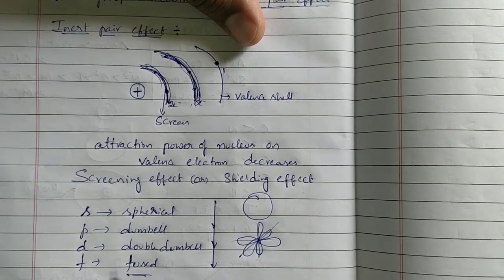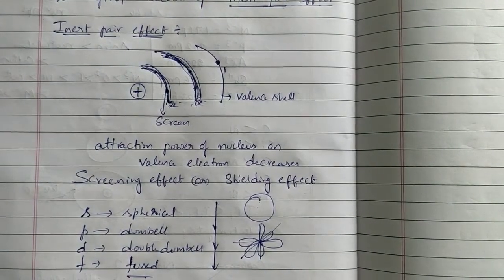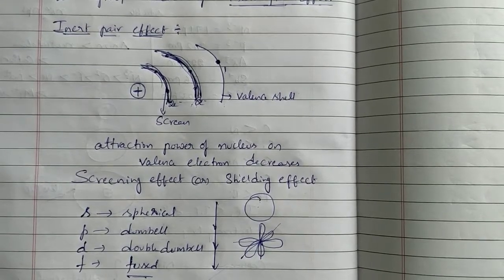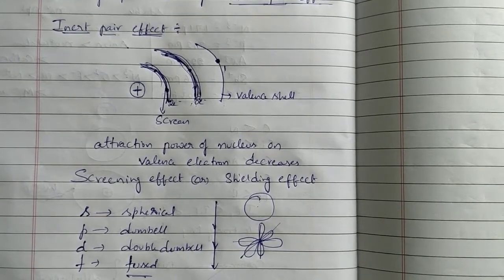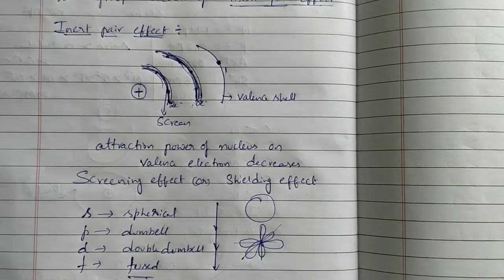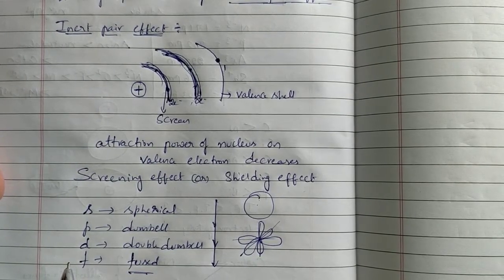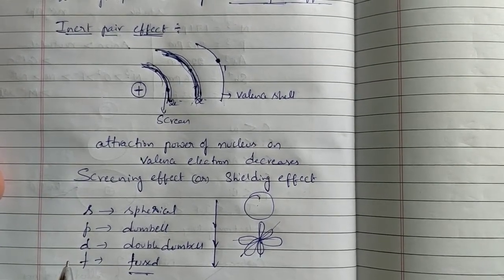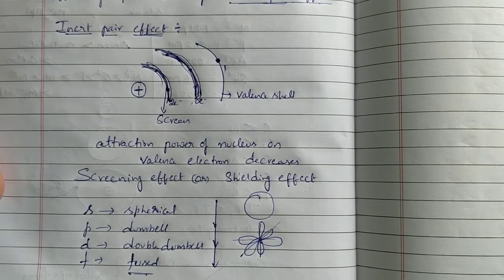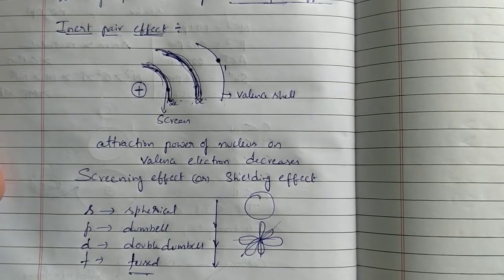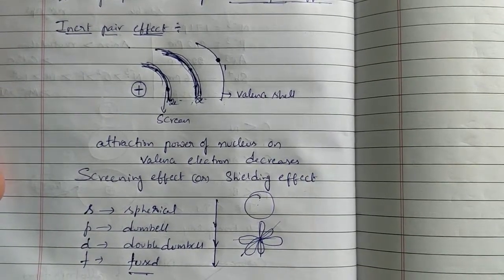Is it okay, all of you? I think we have done these shapes of orbitals in the atomic structure topic in 11th class. The s orbital shape is spherical, p is dumbbell, d is double dumbbell and f is fused. Complications increase as we move from s to p, p to d, d to f. When the complexity of the subshell structure increases, the screening effect decreases, because electrons present in highly complicated shapes cannot apply that much screening effect.